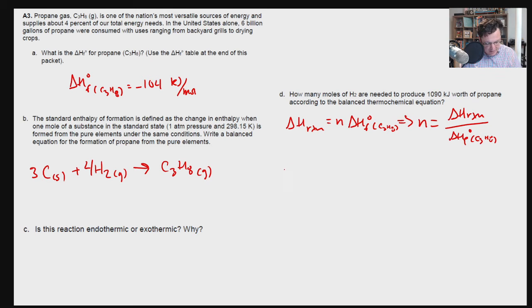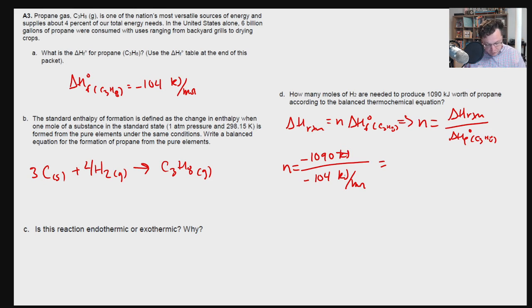So n is equal to negative 1,090 kilojoules, divided by our propane value right here, negative 104 kilojoules per mole.